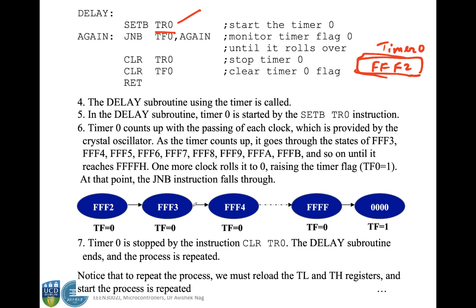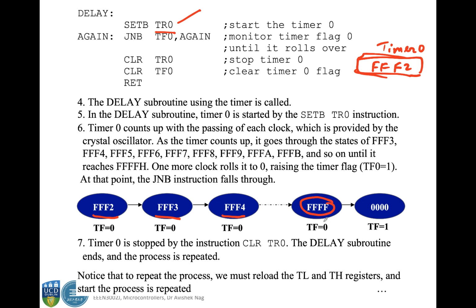At each clock cycle it counts to the next number. It starts at FFF2, then goes to FFF3 at the next clock cycle, then FFF4, until it reaches FFFF. This is the final number that the timer can count in the 16-bit operation.